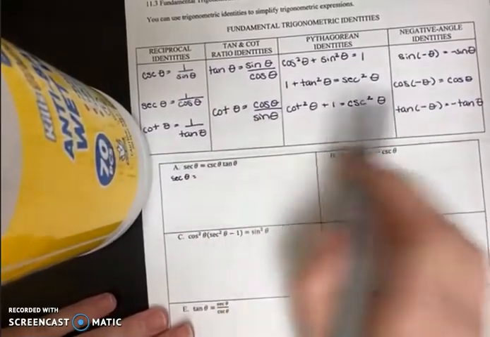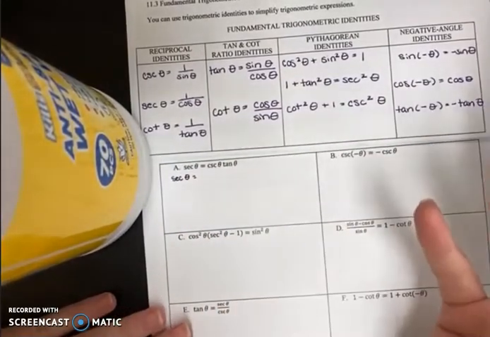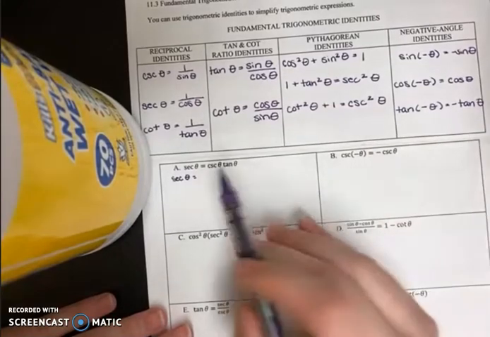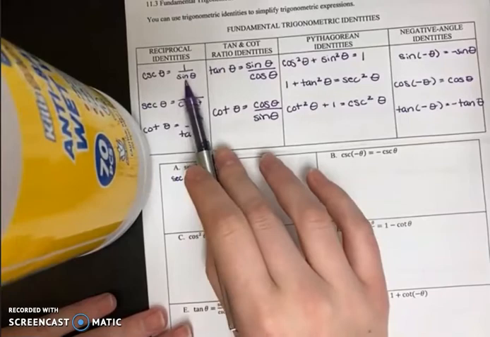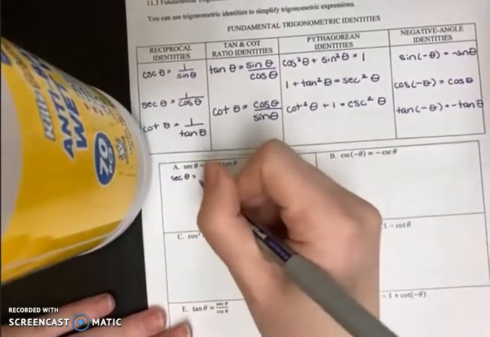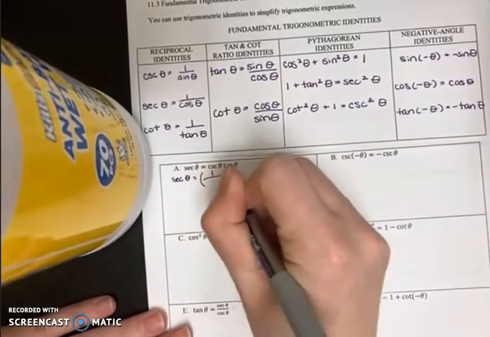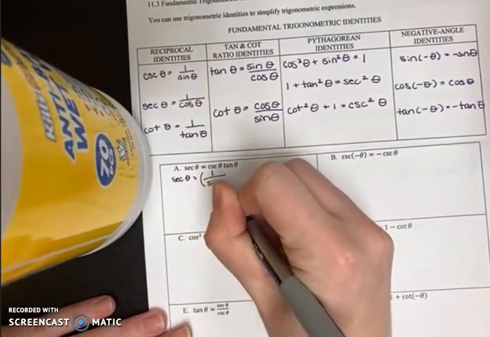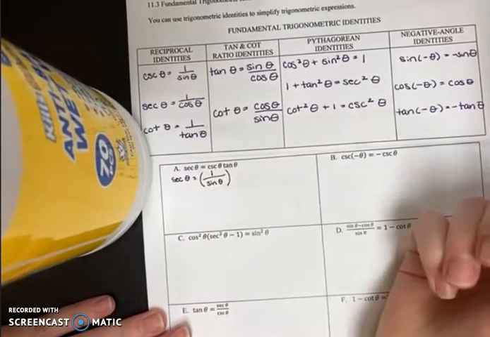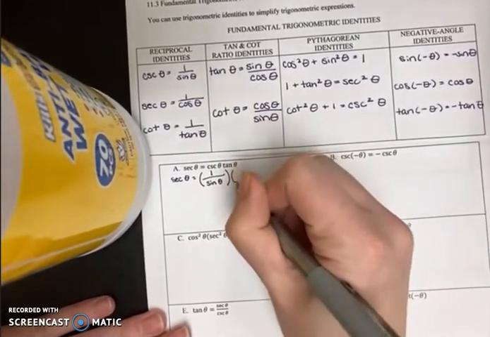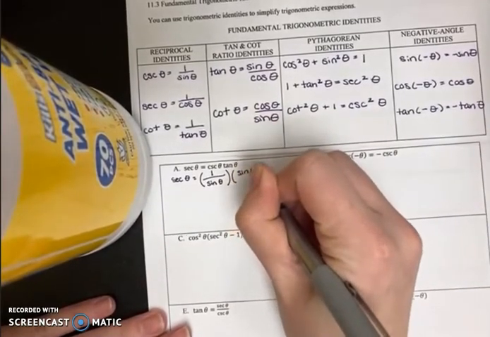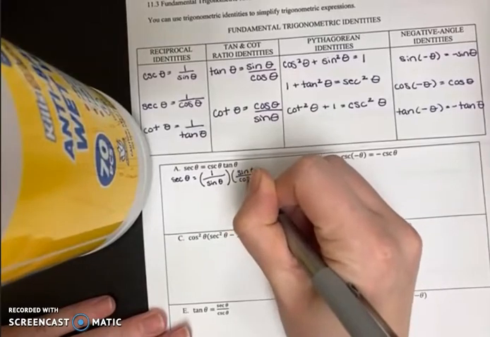Now, looking at my identities, I'm just going to see what I'm capable of rewriting. Cosecant, I know, is the reciprocal of sine. So I could rewrite that as 1 over sine of theta. Tangent, I know that I can get by rewriting it as sine theta over cosine theta.